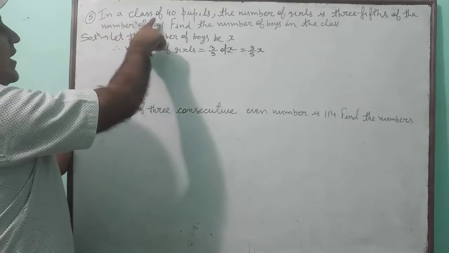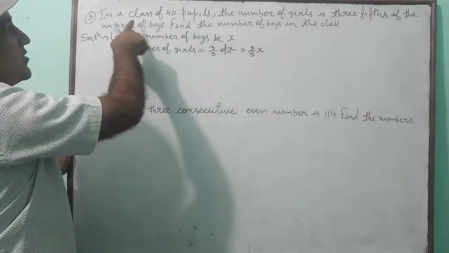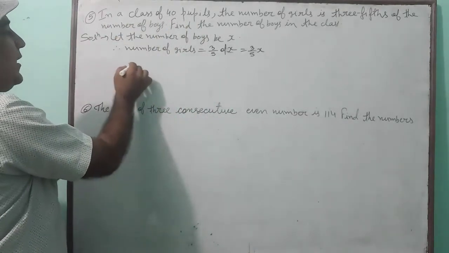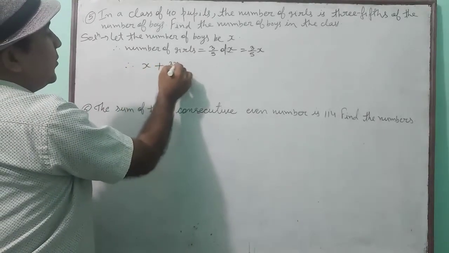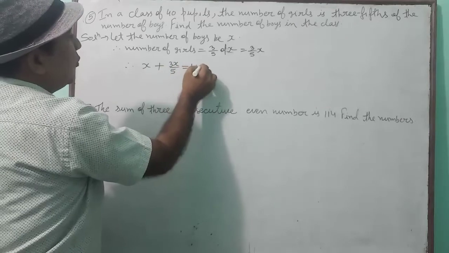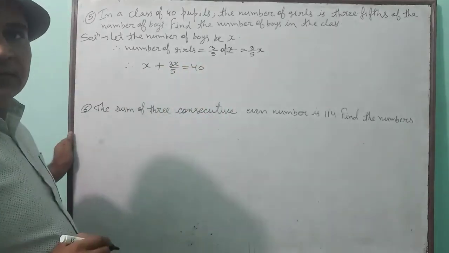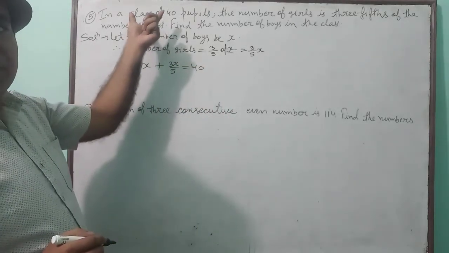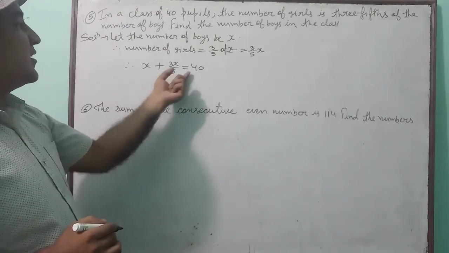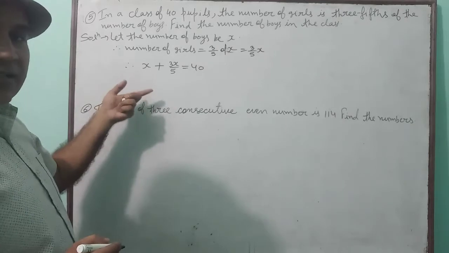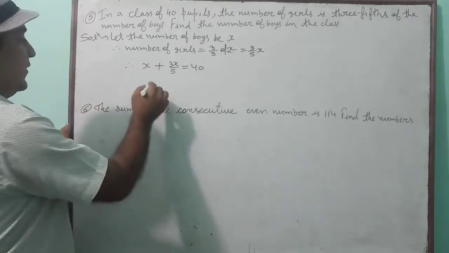Since in a class of 40 pupils the total is 40, the number of boys plus the number of girls should be equal to 40, because total students are 40 here. Now the equation is ready. Solve and get your answer.